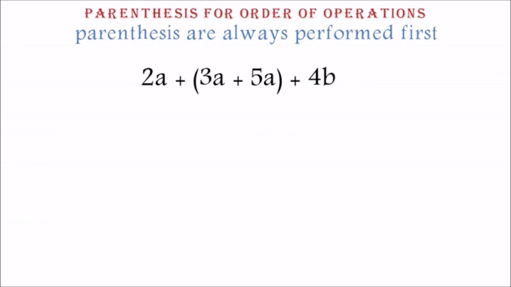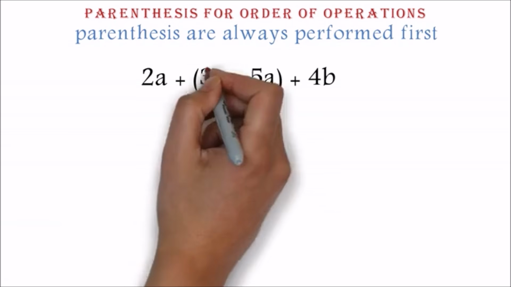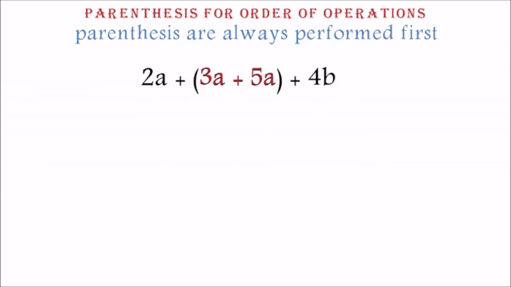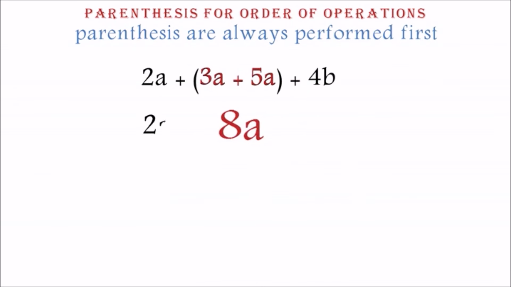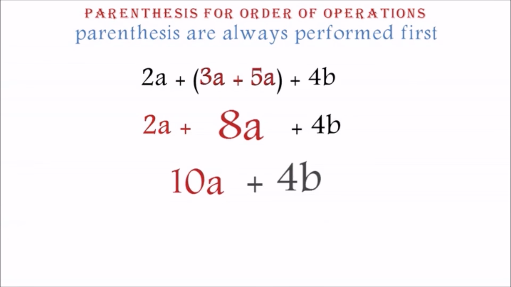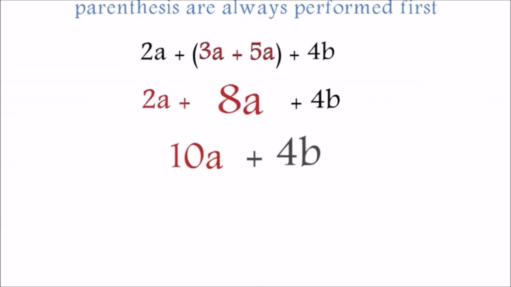When we have a question like this, we perform the operation in the parentheses first. So we add the 3a and the 5a to get 8a. Next, we work on the 2a and the 4b. We can add the 2a to the 8a to get 10a. And because the 4b is dissimilar, we just write it.